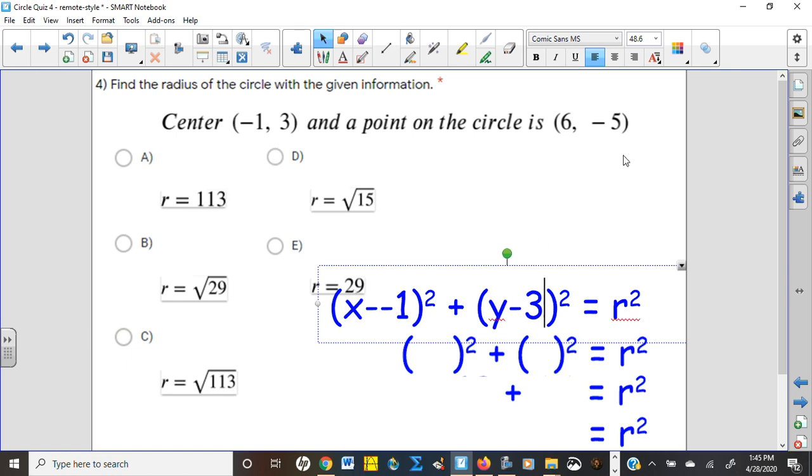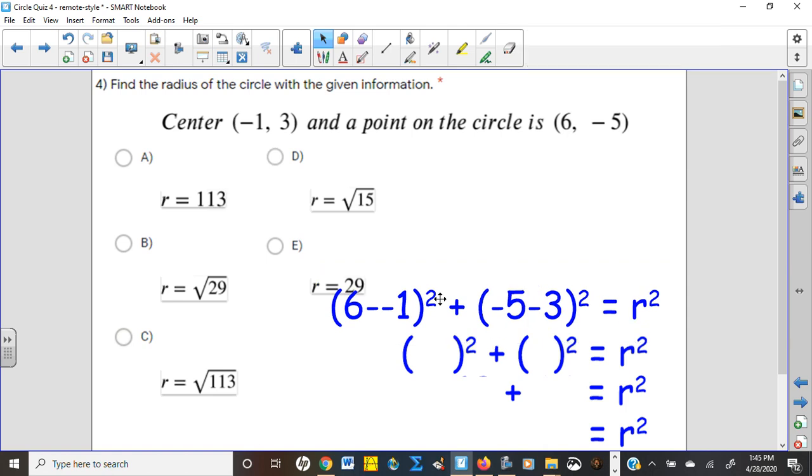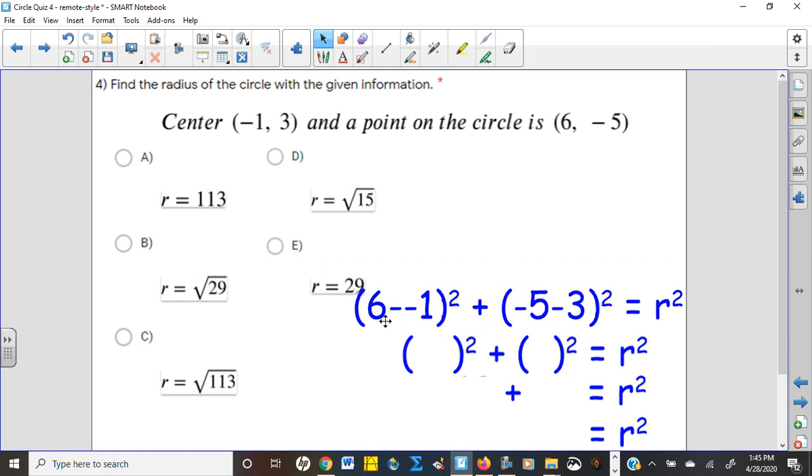Okay, so we know those two values right off the bat. Furthermore, they gave us a point on the circle. I can use that as an x and a y. So I can put 6 in for x, and I can put negative 5 in for y. So I'm going to end up with 6 minus negative 1, which is 7, or negative 7 if I did negative 1 minus 6 to get that one.